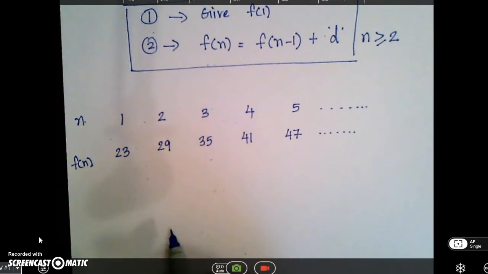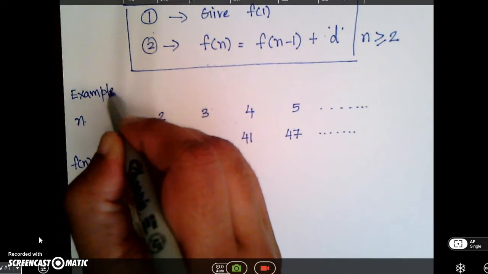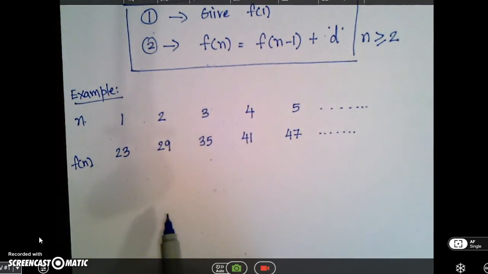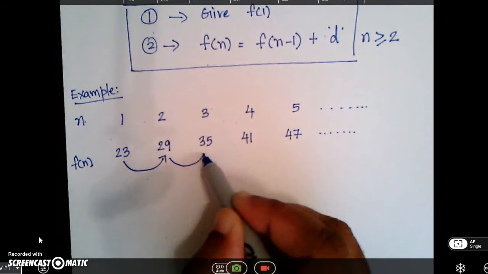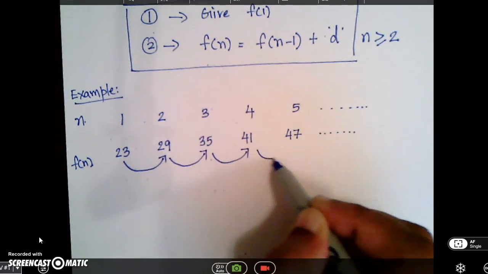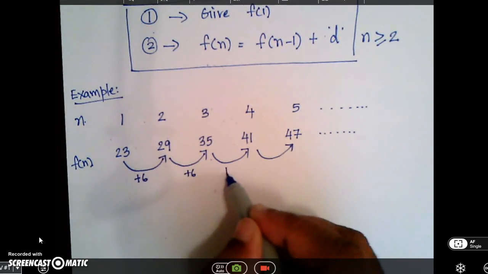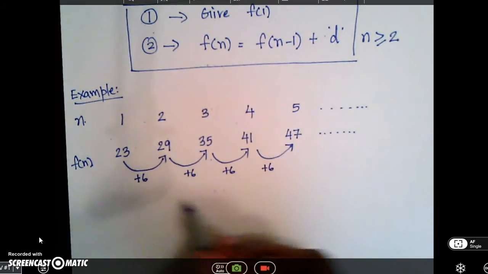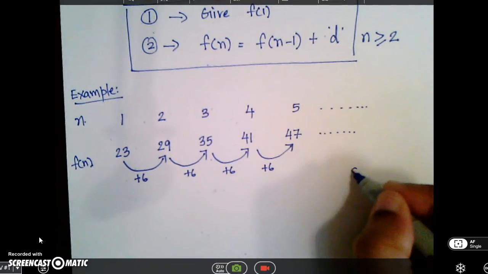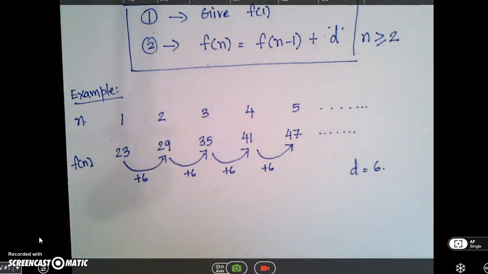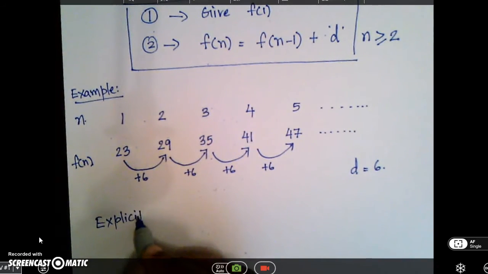First of all, I need to make sure if this is an arithmetic sequence or not. So I need to make sure I have a common difference. What is the common difference between the consecutive terms in the sequence? I am adding a 6 every time. So since there is a common difference between the consecutive terms, this is an arithmetic sequence and my common difference is 6, right? So let's write an explicit rule and a recursive rule.